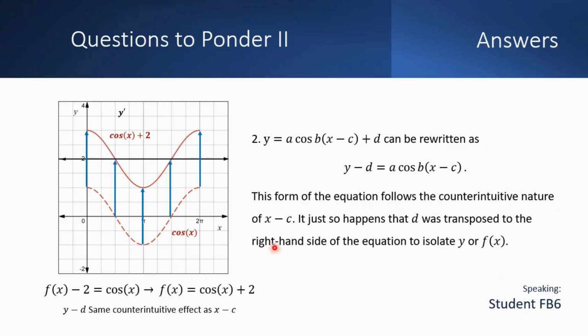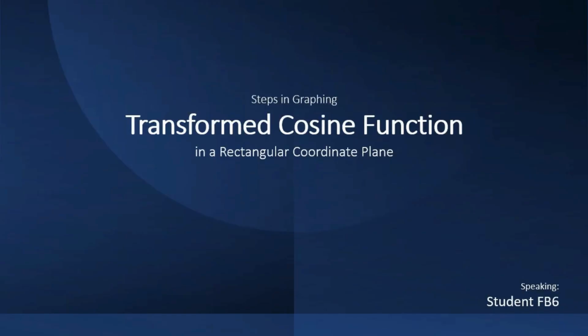This form of the equation follows the counterintuitive nature of x minus c. So there are both subtractions now, y minus d and x minus c. The d was transposed to the right hand side of the equation to isolate y or f of x. That is why it is plus in our conventional form.